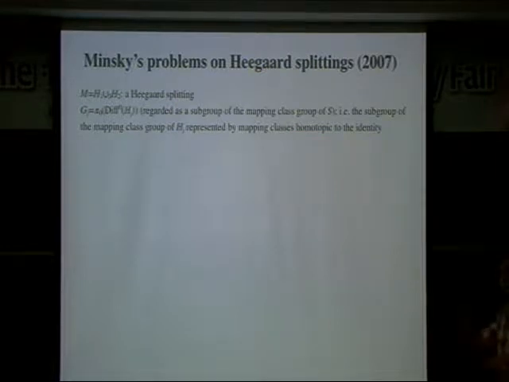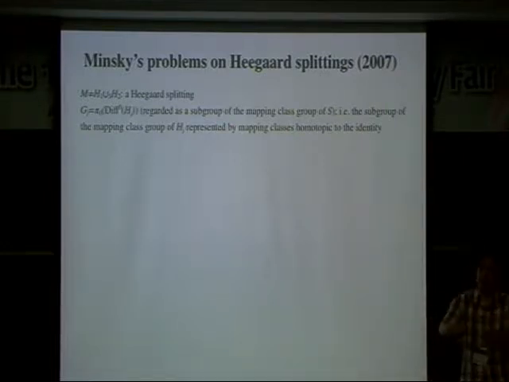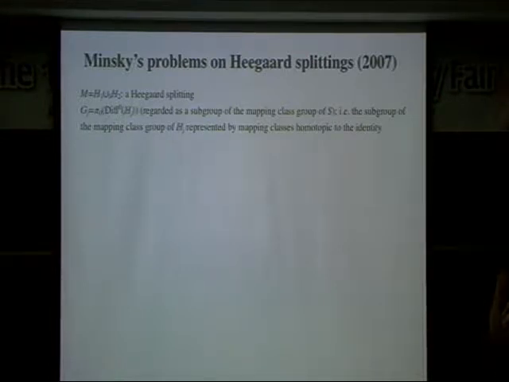For instance, if you consider a meridian or compressing disk in a handlebody, and you cut the handlebody along that disk, twist the disk by 360 degrees and paste it back, then you get some homeomorphism of the handlebody, but it's homotopic to the identity, because the fundamental group of the handlebody is just the free group, and it acts trivially on it.